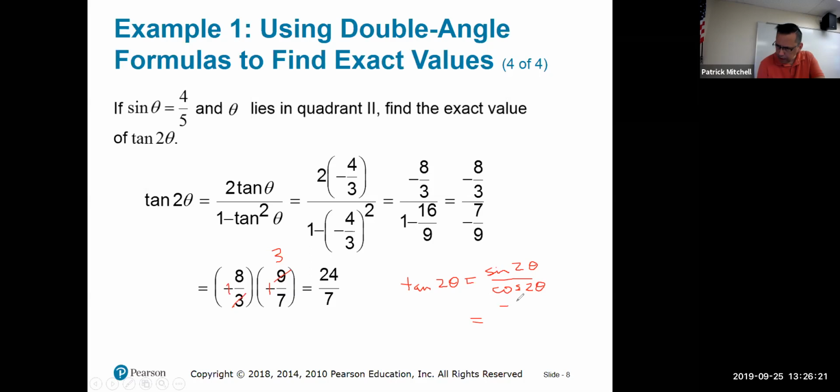The sine of 2 theta was -24/25, I think. Yeah. And the cosine of 2 theta was -7/25. So when you divide those 2 fractions, you get 24/7. And that is a much easier way to do that problem. But at least I got the same answer doing it both ways.